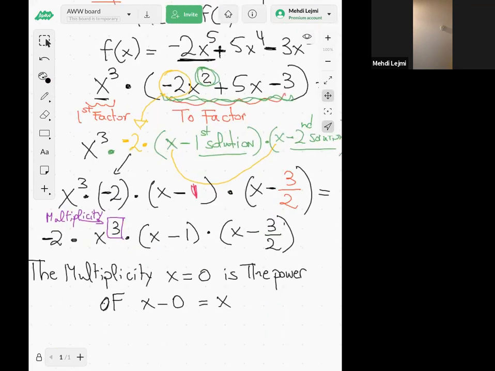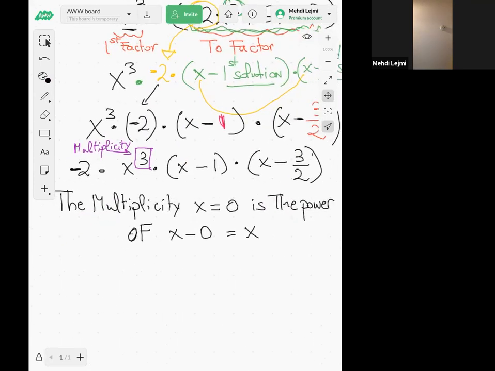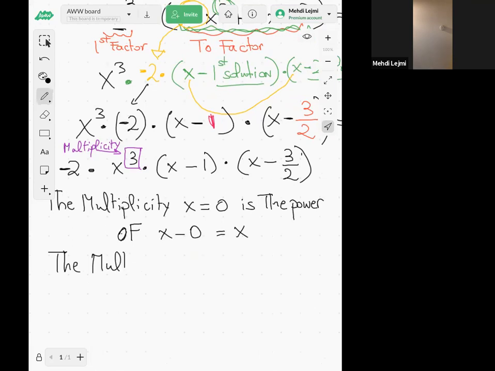So the multiplicity of x equal to 1 is the power of x minus 1, which is of course x minus 1, right?